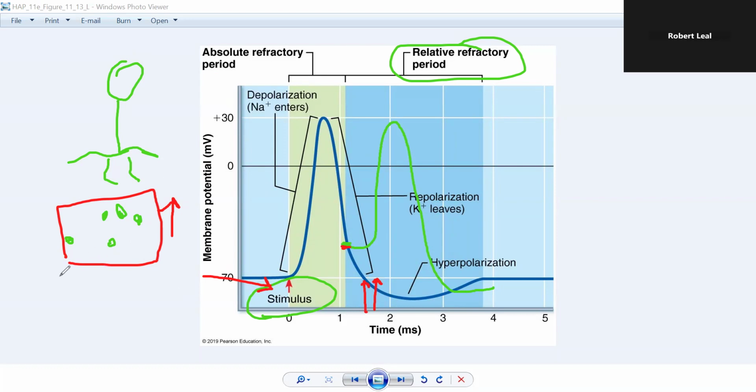If I can release more, I could create an action potential at a point called the relative refractory period. It's a period of time where the target's almost back at rest, but not quite. You have enough voltage gated channels for sodium closed that you can re-stimulate them by releasing more neurotransmitters.